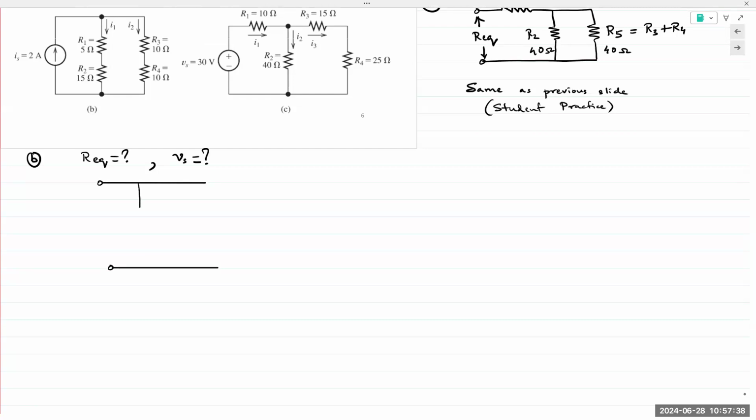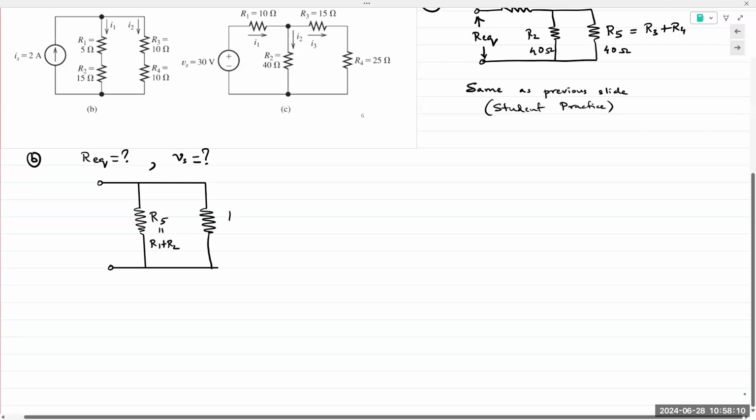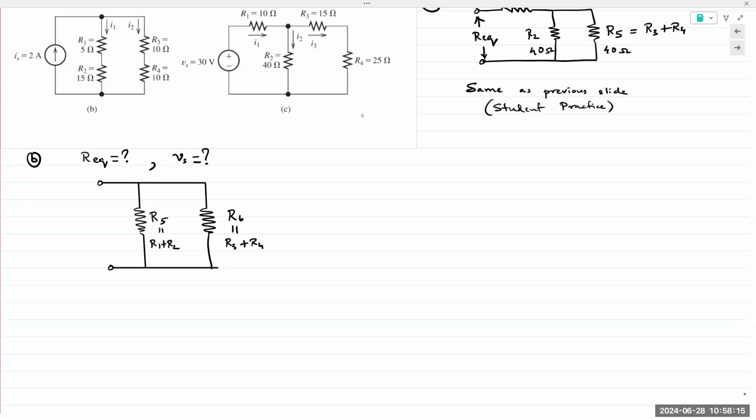So I'm going to go ahead and combine them together. We'll call this R5. R5 is R1 plus R2. And here it will be R6. R6 is R3 plus R4.